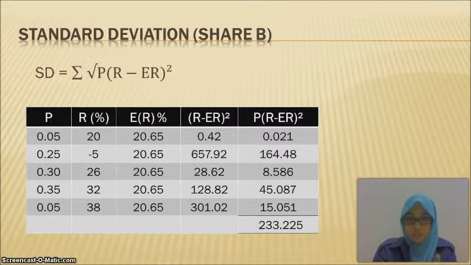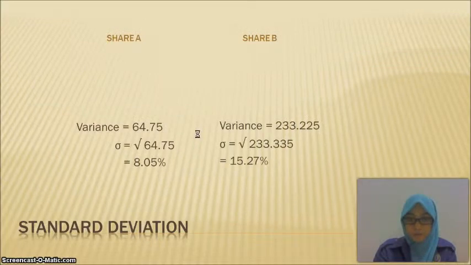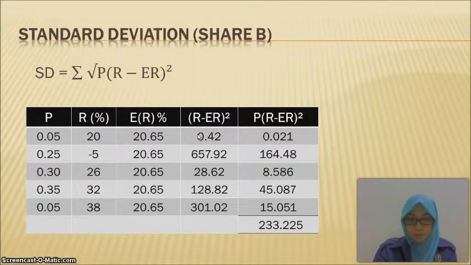for share B, we use the same method. For probability 0.05, to calculate this formula, we use possible return 20, and we need to minus with expected return, which is 20.65, and we square the answer, then we get 0.42.